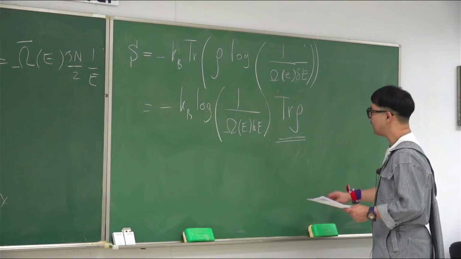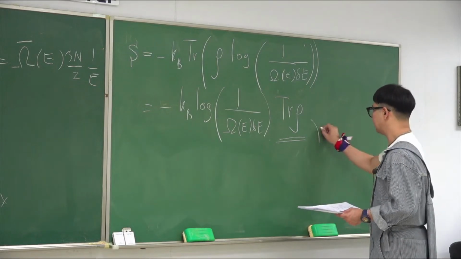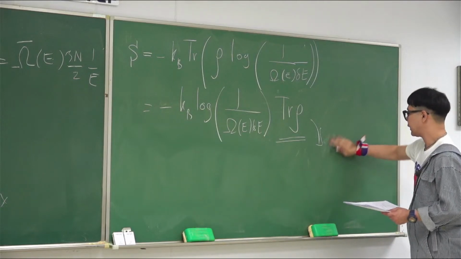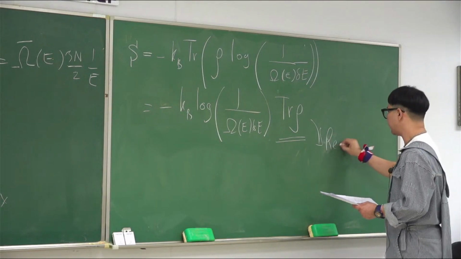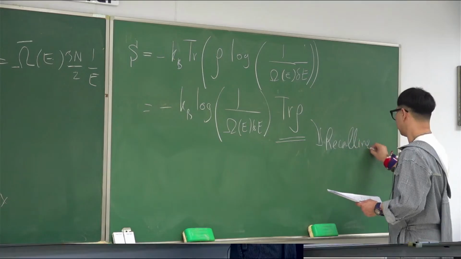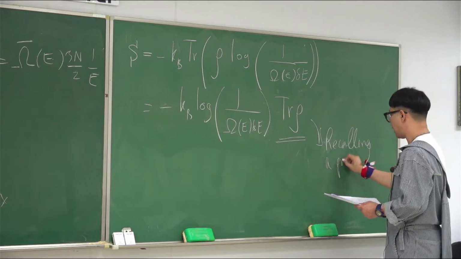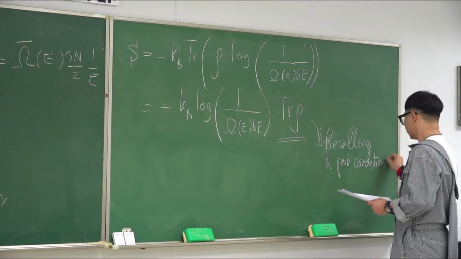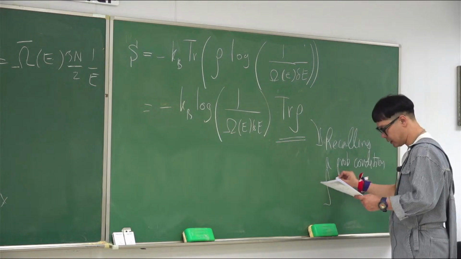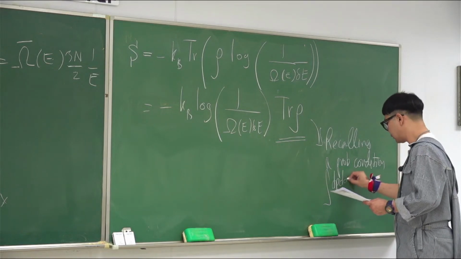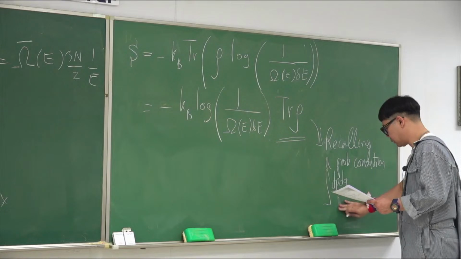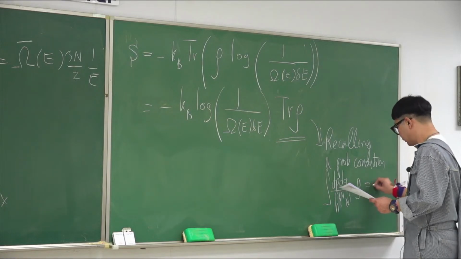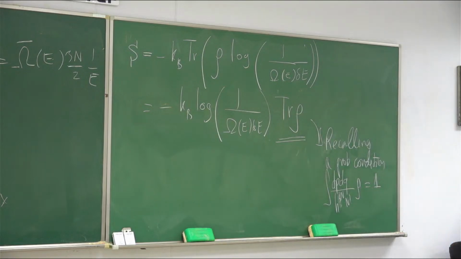Recalling the normalization condition, it must be 1, right?